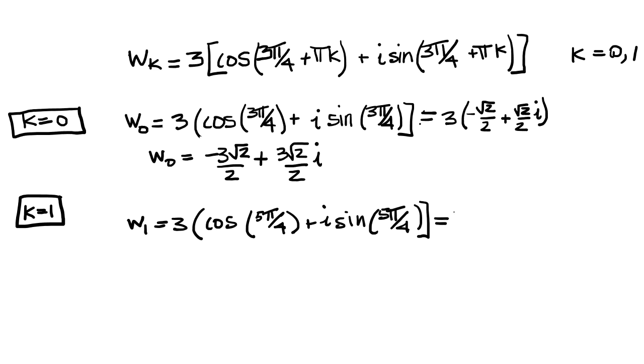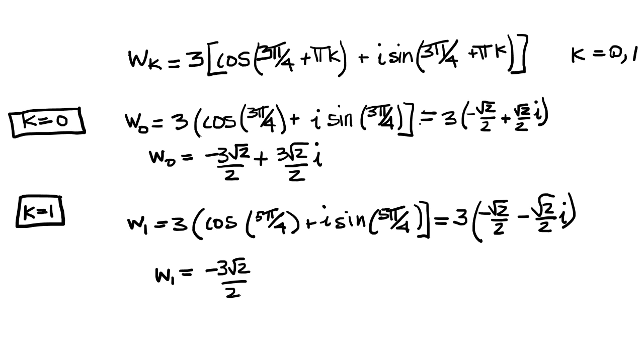So that's going to give me 3 times negative the square root of 2 over 2, that's the value for cosine 5 pi over 4, and minus the square root of 2 over 2, that's the value for sine 5 pi over 4, times i. And that tells me that w sub 1 is equal to negative 3 times the square root of 2 over 2 minus 3 times the square root of 2 all over 2 i.